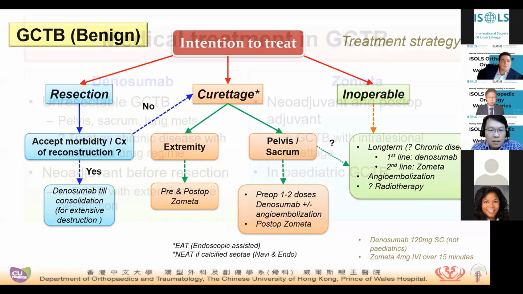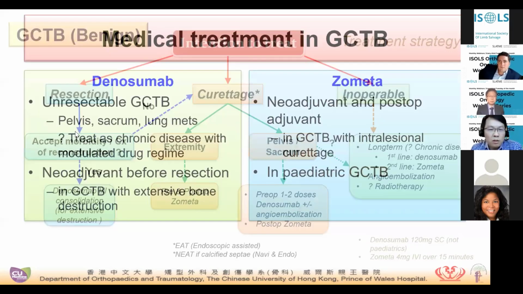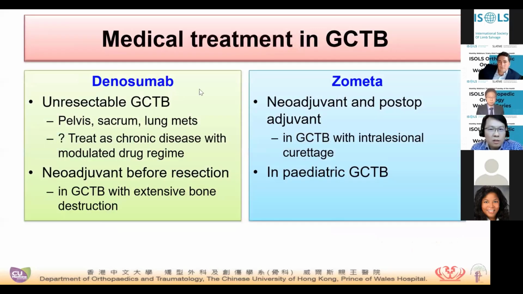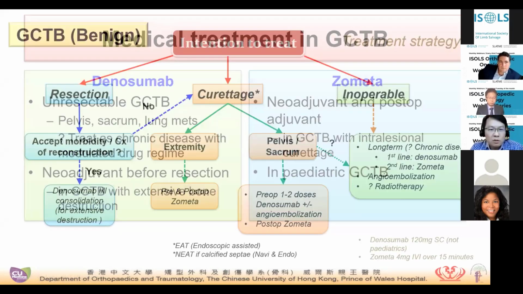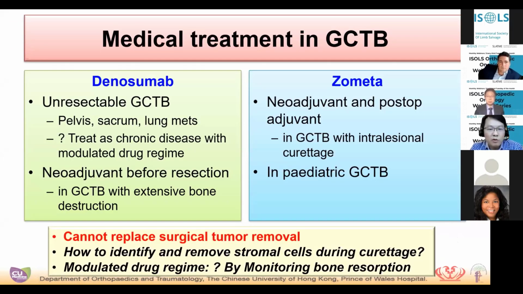Here, my last slide shows the current indications for denosumab and simvastatin in our institute. Given that this is still an adjuvant that cannot kill all the tumor cells, it cannot replace surgical tumor removal. The problem is how we identify and remove stromal cells during curettage, and whether we can modulate the drug regime so that we can monitor the bone resorption.